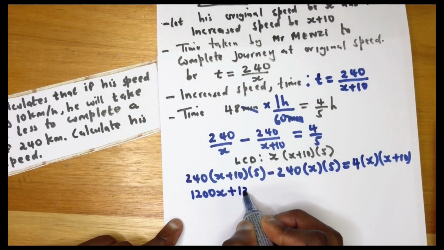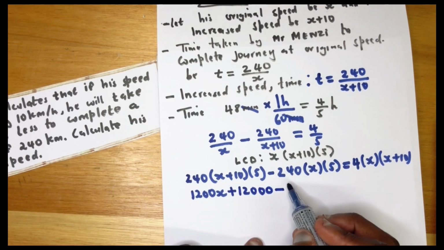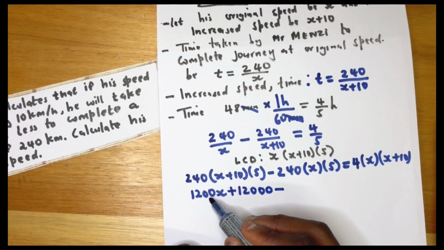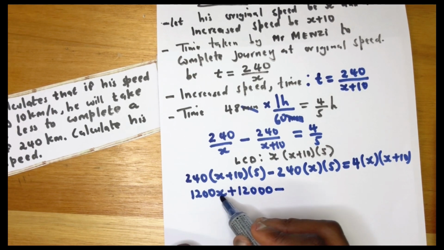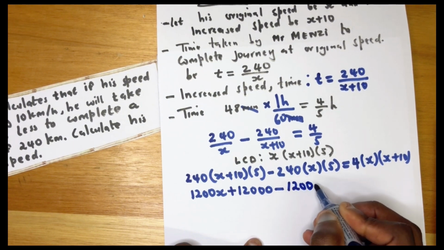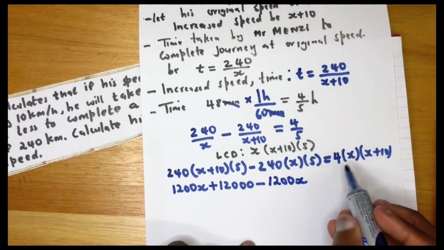So this is positive 12,000 minus, remember guys, 240 times 5 was 1200. So 1200 times x, we're going to get 1200x. I hope that it makes sense.